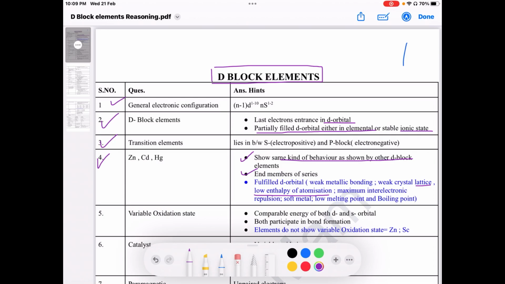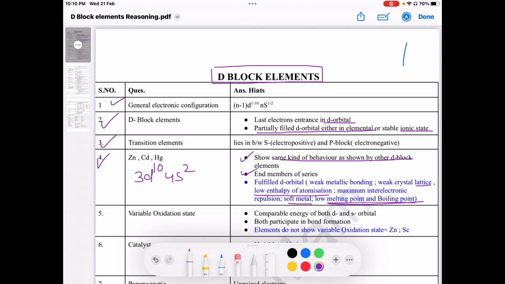And one more important thing, if we talk about zinc, its configuration is 3d10 4s2. All the electrons are paired up here, so interelectronic repulsions are maximum. This results in a weak metallic lattice.